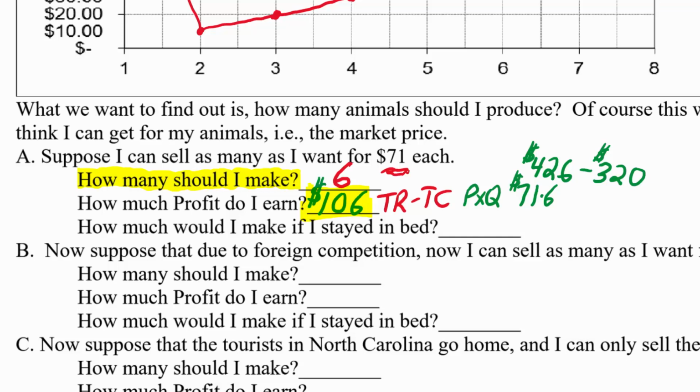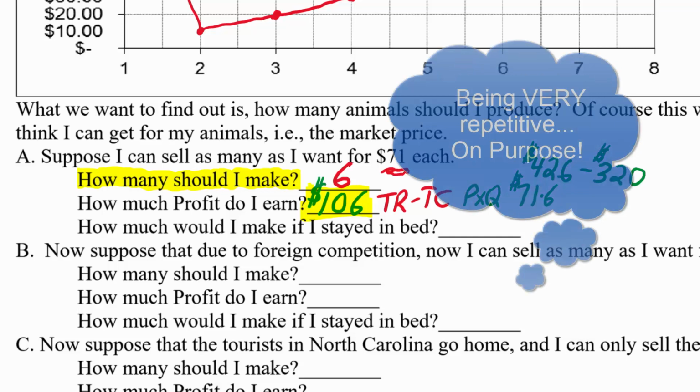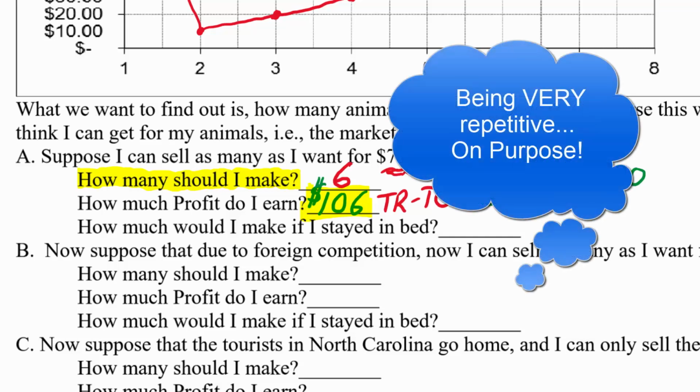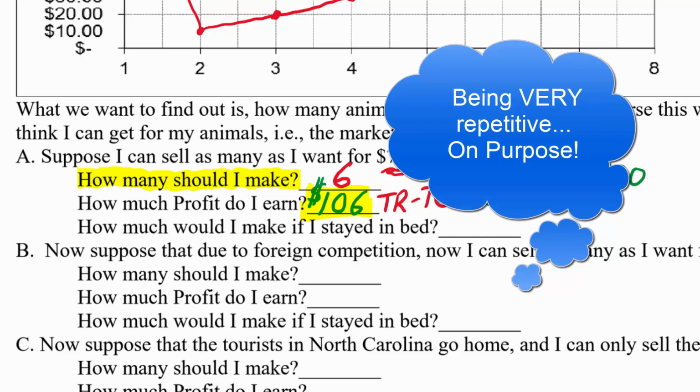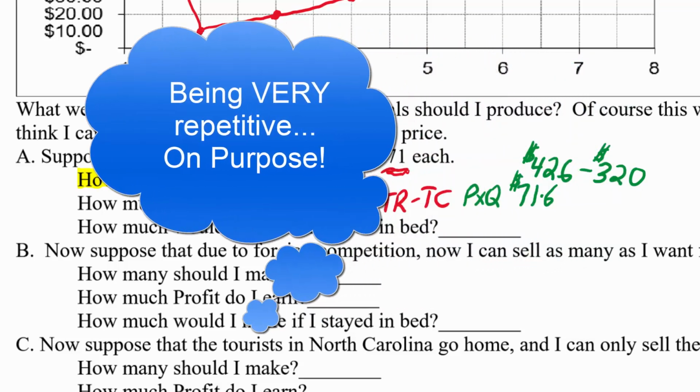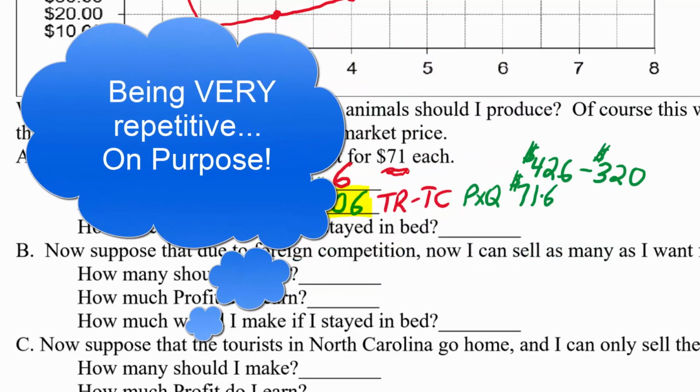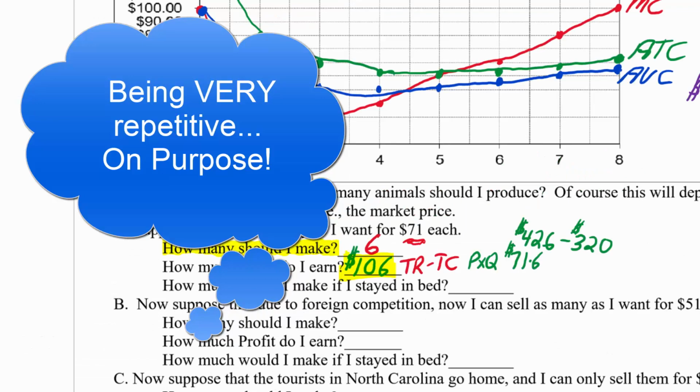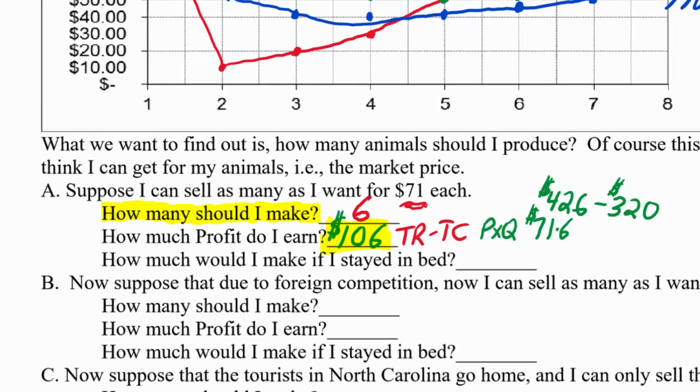It's all bonus money that this entrepreneur is going to be overjoyed with. So when we say profit, we're already subtracting out a little bit of profit, that minimum amount the entrepreneur needs to be paid. So this $106 is what we call economic profit, which is extra profit over and above the minimum.